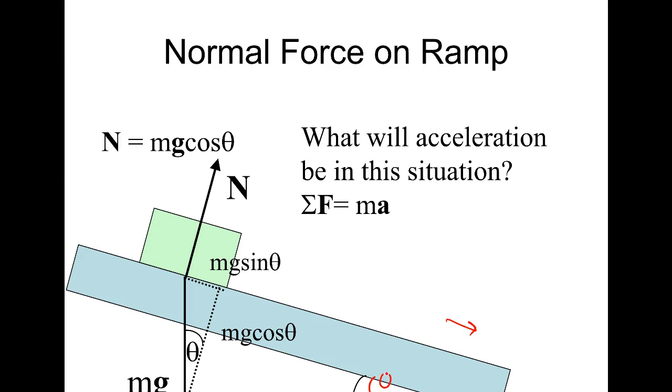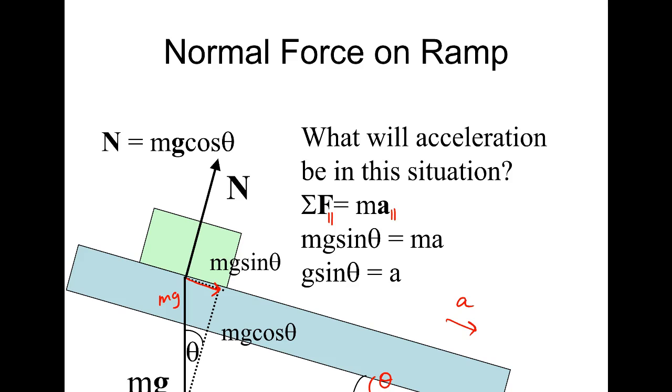So by the way, this is our angle theta here, in case that was not clear. So the block will be accelerating down the incline like so. And so the only force that we have in the parallel direction would be mg sine theta. So we've decomposed mg into its components, and so mg sine theta is equal to ma. And this tells us that a is equal to g sine theta.